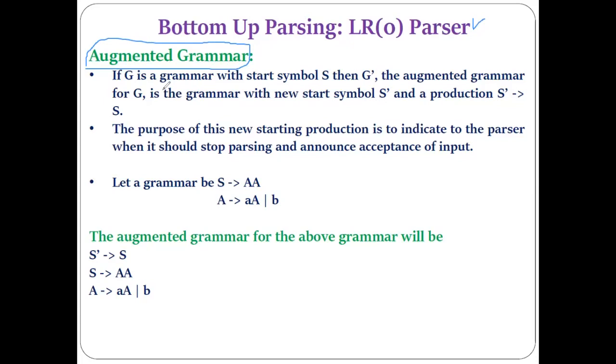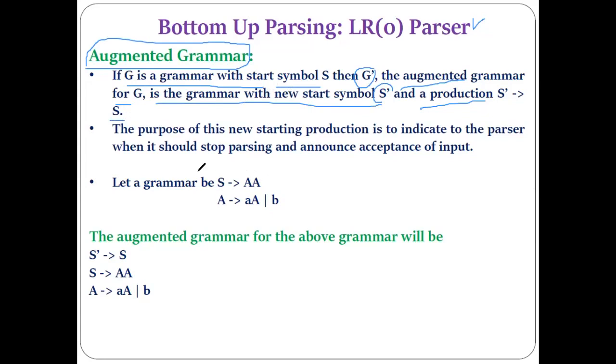If G is a particular grammar, and in that grammar G there is a starting symbol S, then we call G dash the augmented grammar for the grammar G, and it is the grammar with the new starting symbol S dash, and the production S dash derives S. Now, this is the theoretical content. We will see it in an example also.